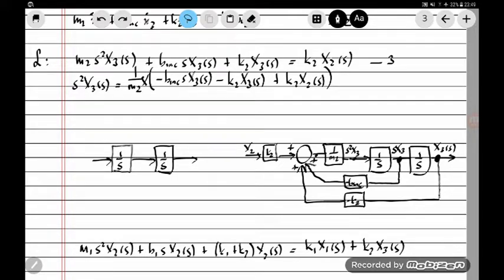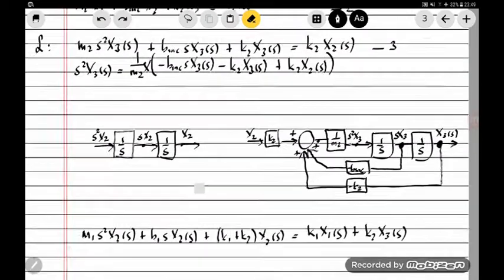And I will define this signal as x2. So this signal will become sx2, and this signal will become s squared x2. Again, this output is 1 over s times sx2, so that's just x2, and this output is 1 over s times s squared x2, and that just becomes sx2.